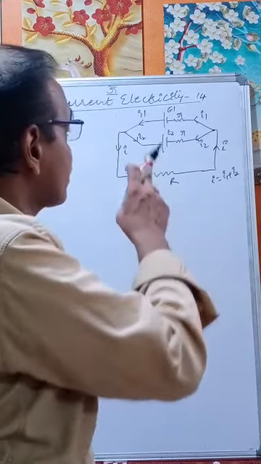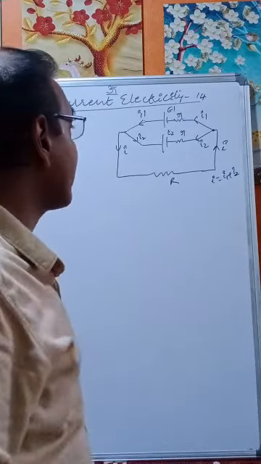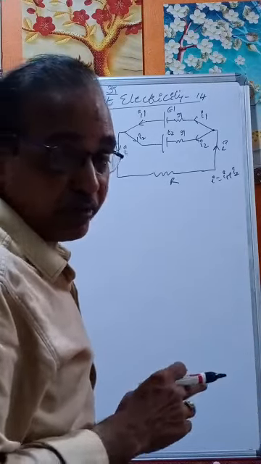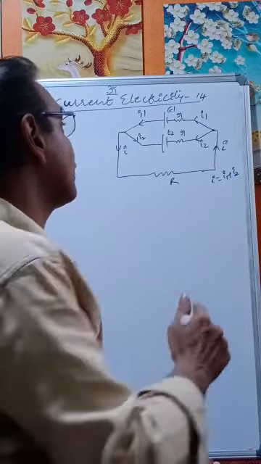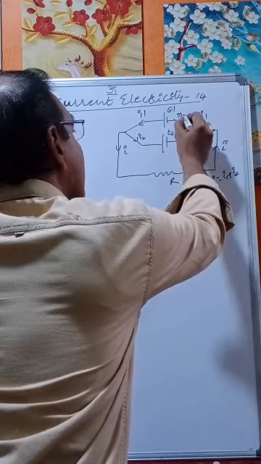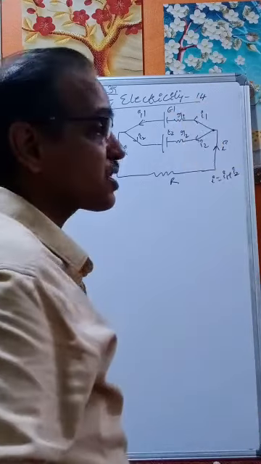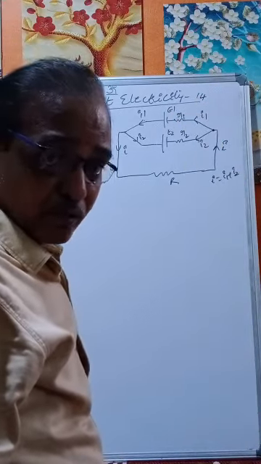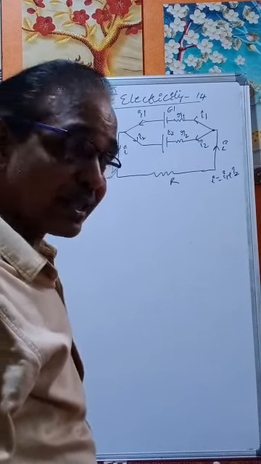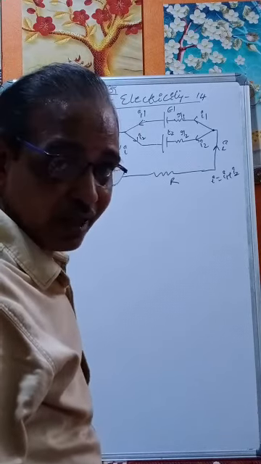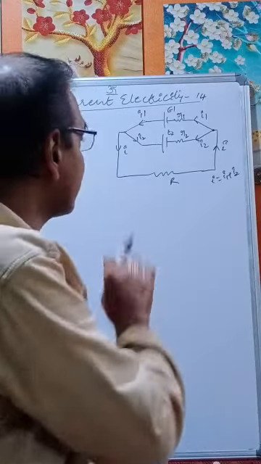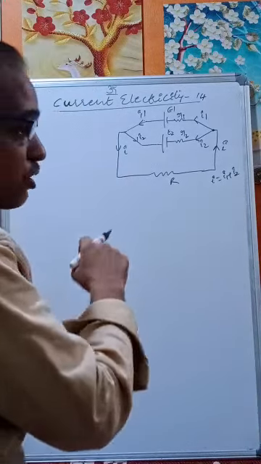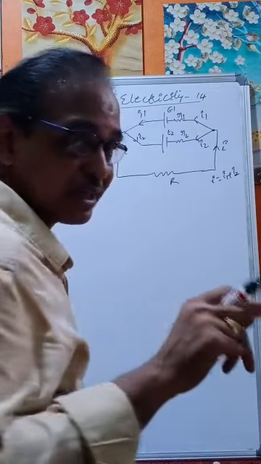If you check my lecture 12 on parallel grouping of different EMFs, I gave you this expression directly. I told you that day that I would definitely derive it, and now I am deriving it after explaining Kirchhoff's laws in class 13.